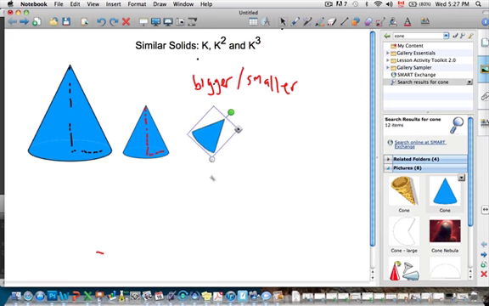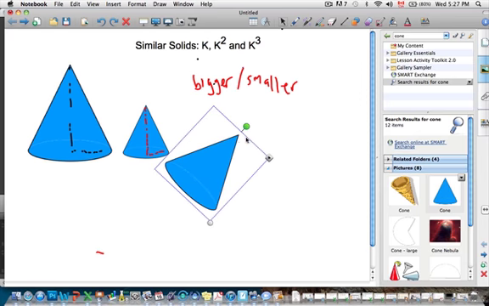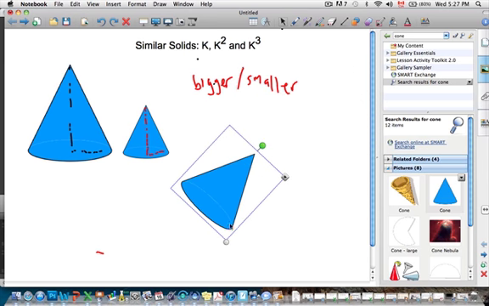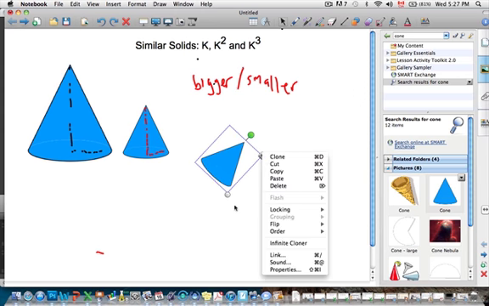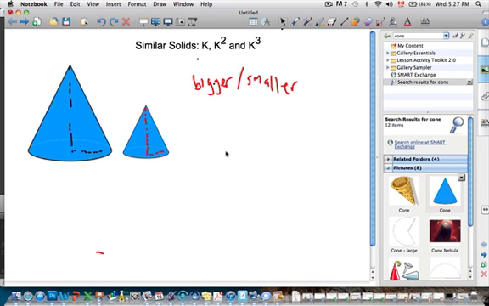But if you stretch it, which I'm not really sure how to do, it's not letting me stretch it, into a fat cone with a very low height, that's very badly drawn, but you get my point.